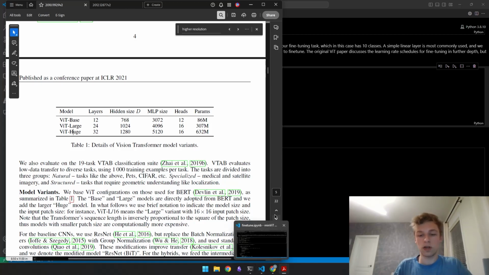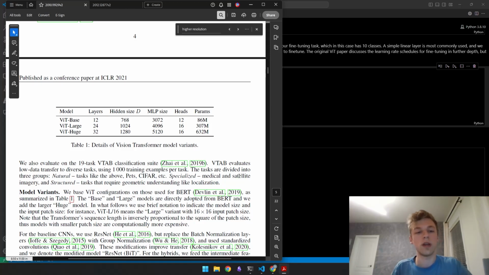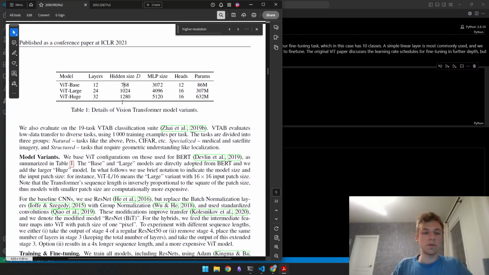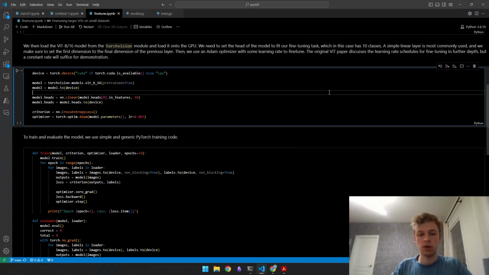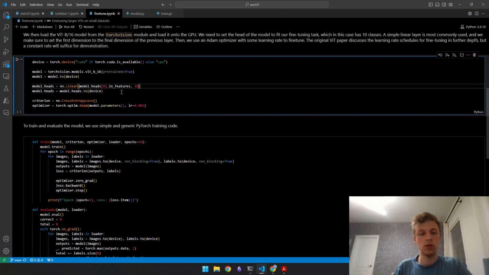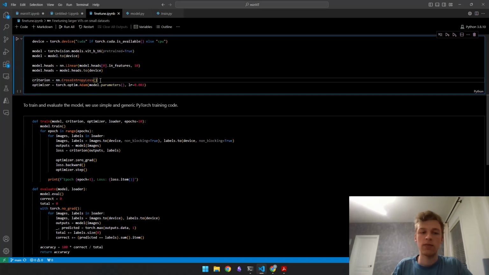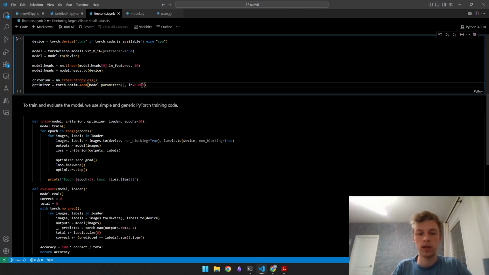For context, the one that I trained, the one under 1 million parameters, had a hidden dimension of 96 to 128, and these are 768 up to well over 1,000. So just choosing the smallest model, we can load this onto the device, the GPU in this case, and we have cross-entropy loss and the Adam optimizer, with a pretty standard learning rate.